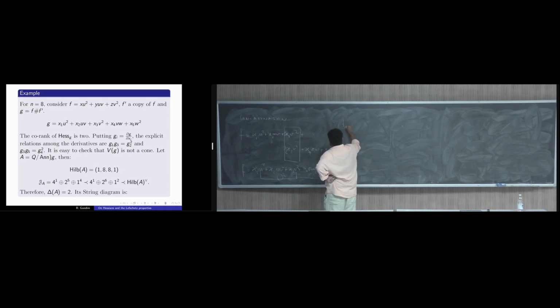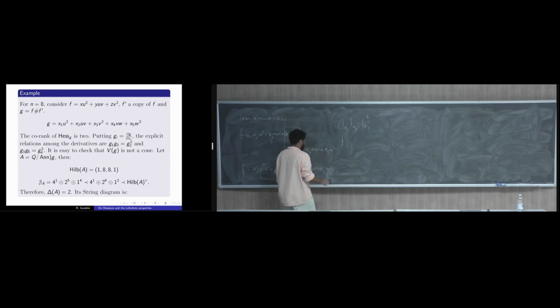Precisely, the derivative of f with respect to x1 times the derivative of f with respect to x3, and the derivative of f with respect to x3 times the derivative of f with respect to x5, whole square. So the codimension of V is at least 2, but in fact it is 2. It's the corank, it's the delta.